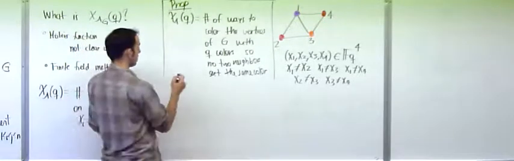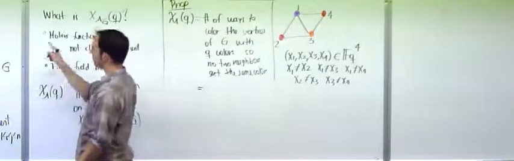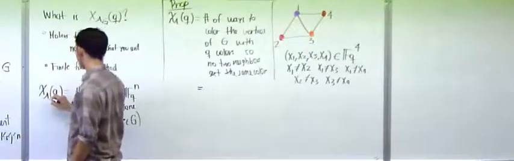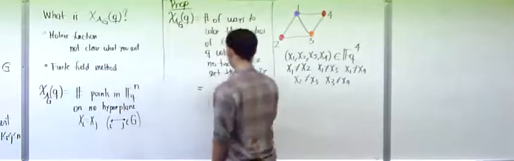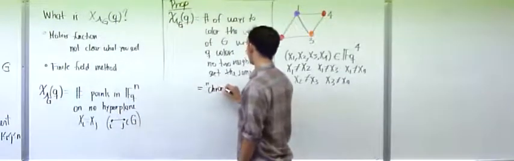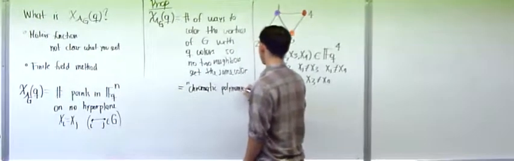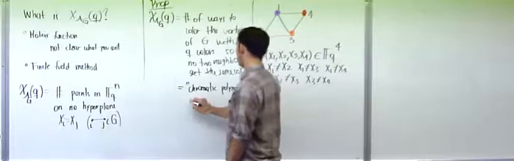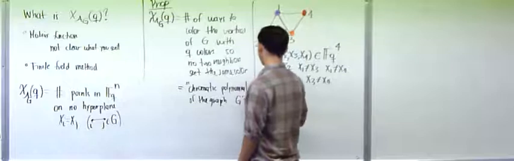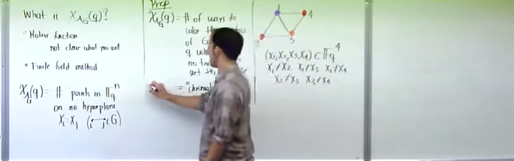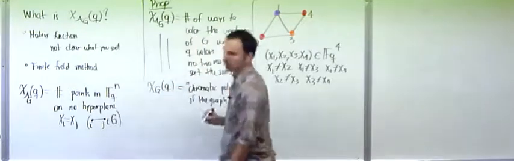So this is, I forgot the A_G, right? So here, this is the characteristic polynomial of A_G. And this is called the chromatic polynomial of the graph G. And in graph theory, they call this chi sub G of q. So then chi A sub G and chi G are equal.